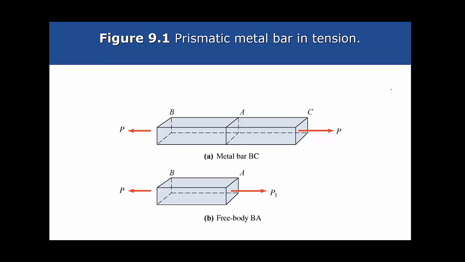This shows a free body diagram. If I can find my mouse, there it is. This is what they're saying is a free body diagram of BA. Basically, to find out what these forces are doing to this piece, you have to cut through that bar and find out what the cross-sectional area of that bar is, or whatever shape you're dealing with.